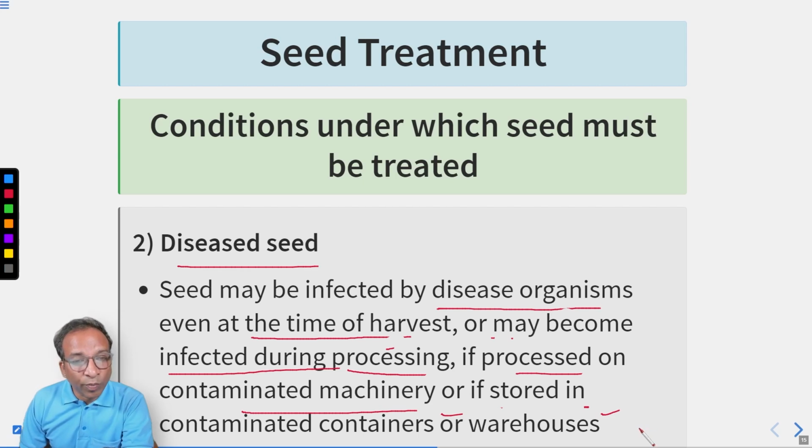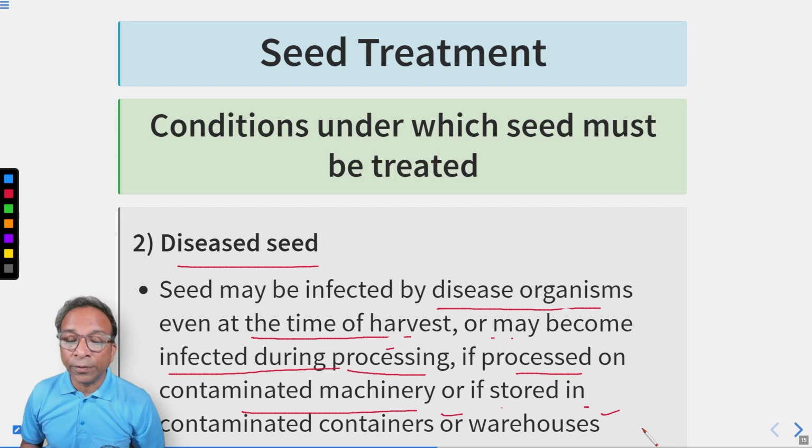So it is very important to ensure that whatever containers or warehouses you use are disinfected. There should not be any earlier fungal spores or fungal hyphae present. Sometimes old diseased seed is present, and that can also affect our healthy new-year seeds.